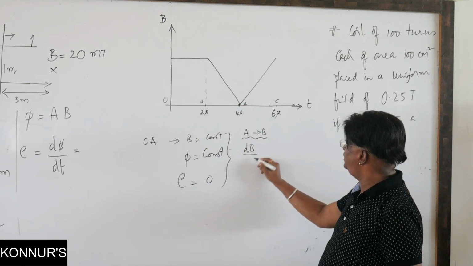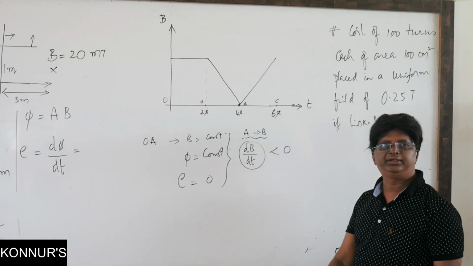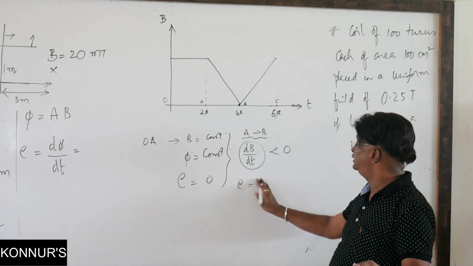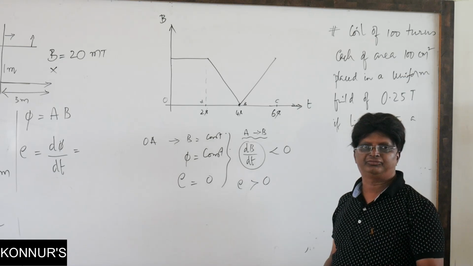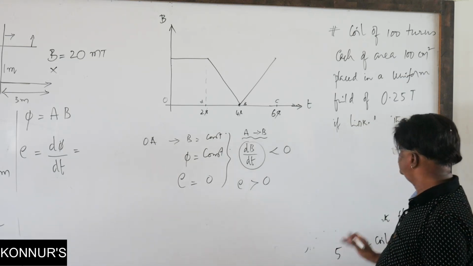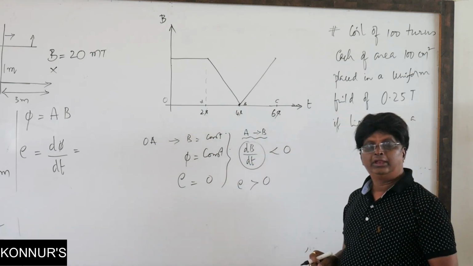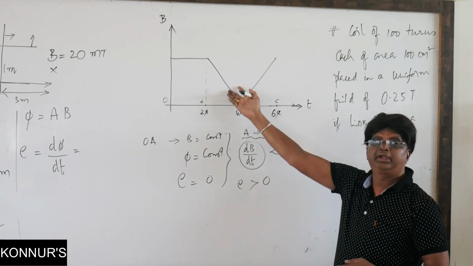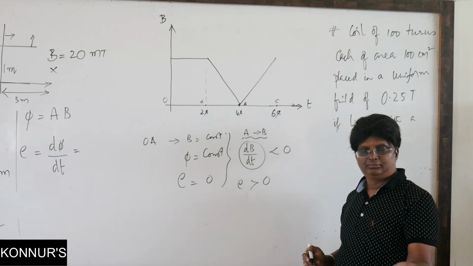Therefore, dB by dt is less than 0, magnetic induction decreasing, and therefore there will be E greater than 0. There is induced EMF, non-zero induced EMF from 2 to 4 seconds. Now that direction will be decided by Lenz law. If this is a decrease in flux, the EMF or the current is to increase the flux.